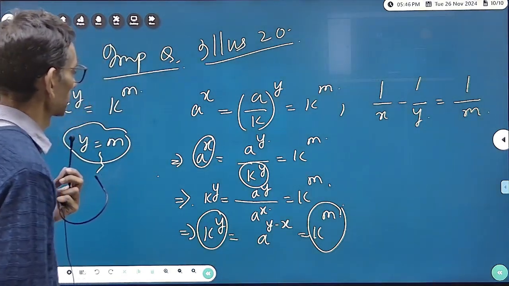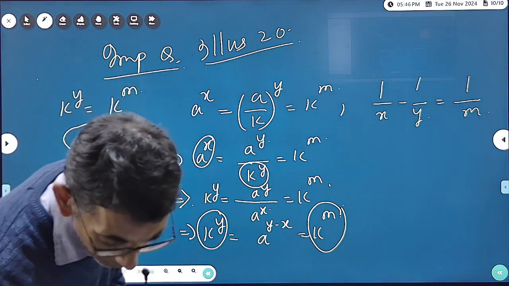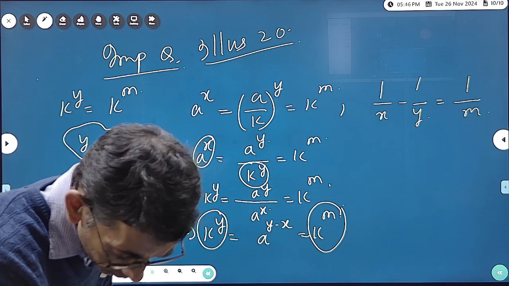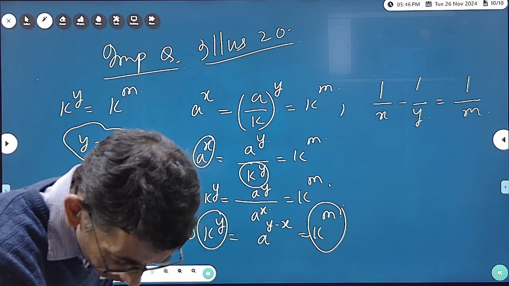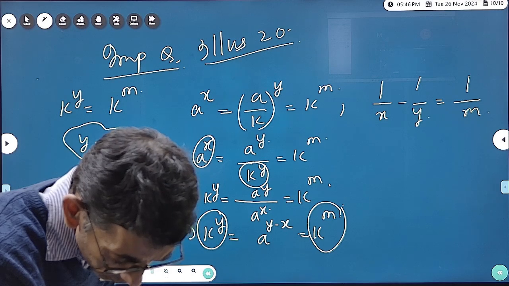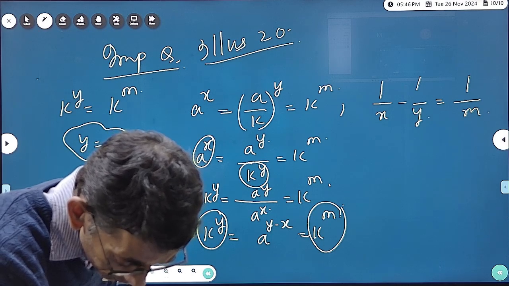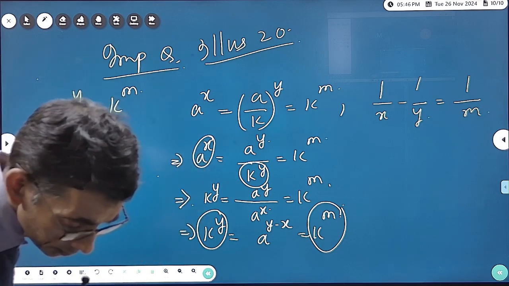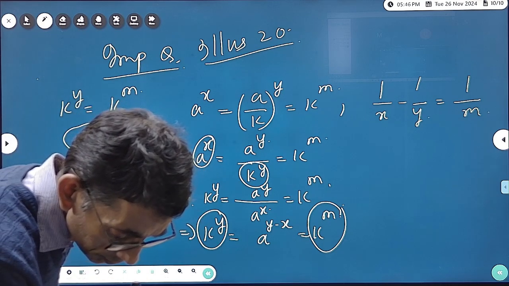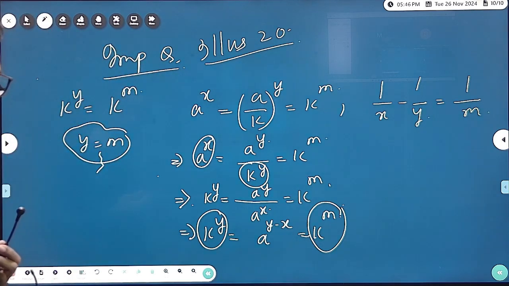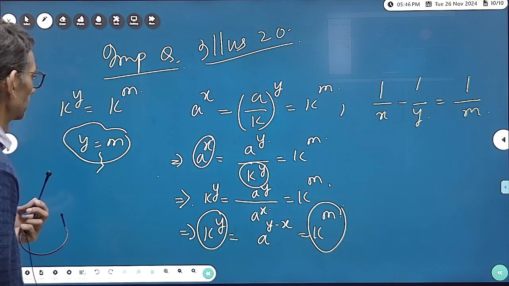Are the steps for a to the power x written correctly? Right.